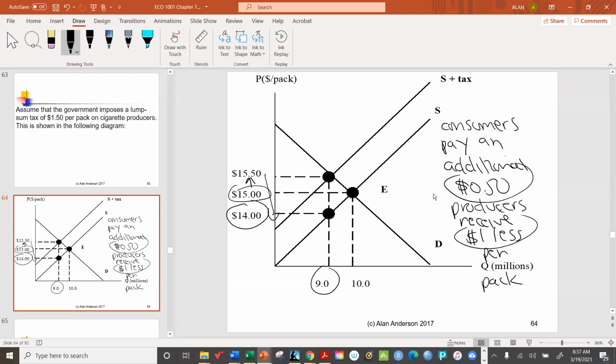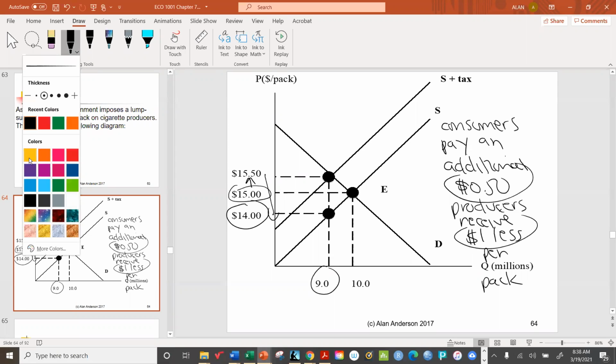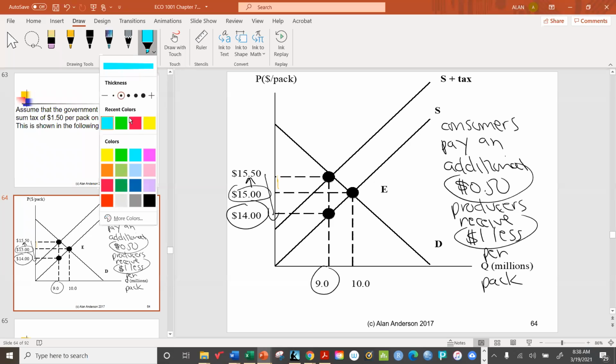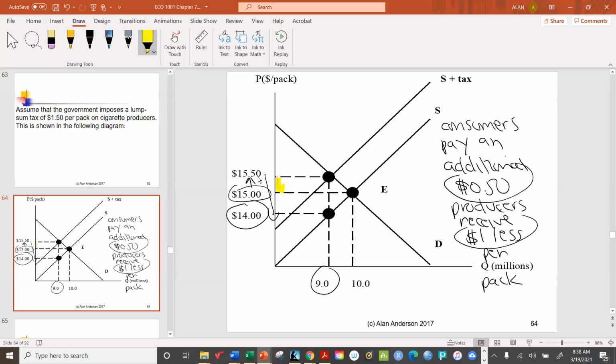So there's a tax receipt for the government, which is helpful to them, and hopefully they can spend it on something beneficial to everyone. But hold on one second. Let's say this yellow section is the tax revenues that the government receives, and it looks good. But the bottom line is that the total surplus falls as a result of this tax.